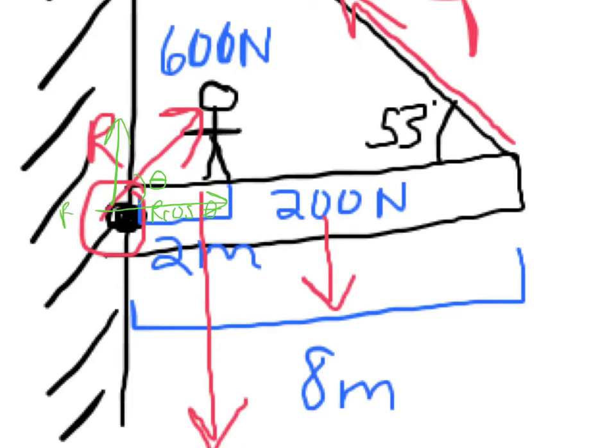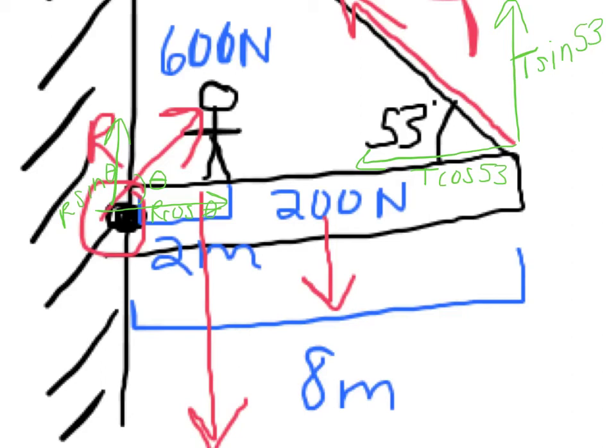This would be the R sine of theta value. The tension force also needs to be broken down into components. We have this piece here, which would be our tension force times the cosine of 53 degrees. And we would also have the y component of that tension force, which we could then write as T sine of 53 degrees.